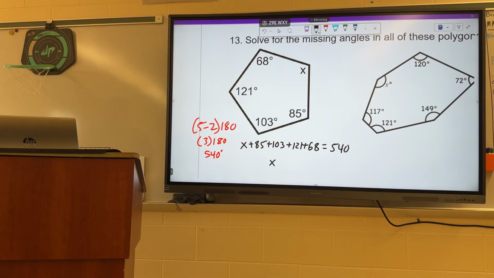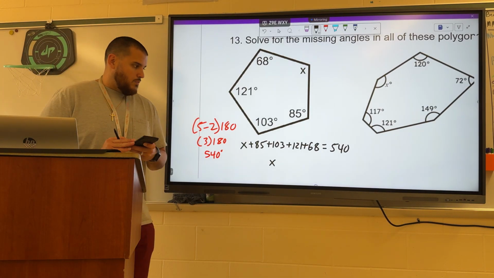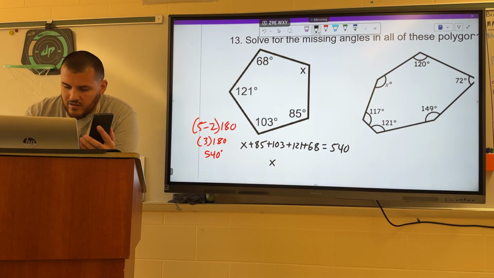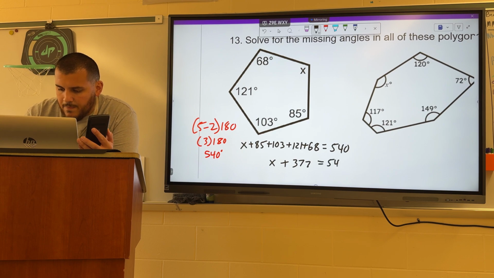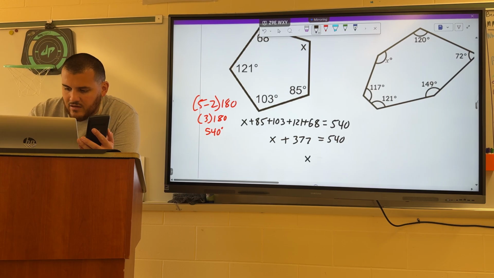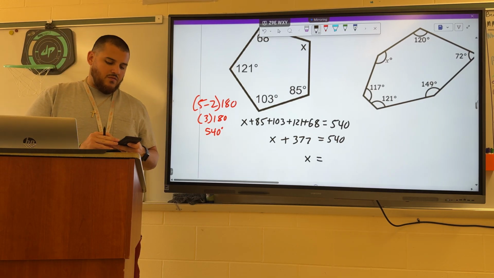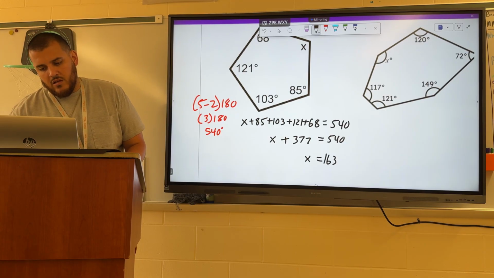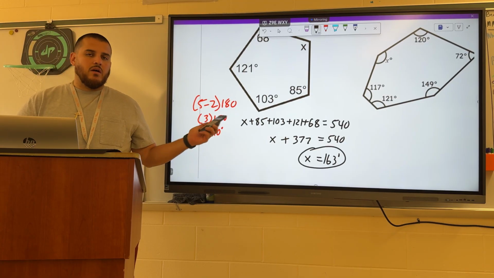If we do 85 plus 103 plus 121 plus 68, those all combine to give me 377 degrees. I can then get x by itself by subtracting that 377 from both sides. So 540 minus 377 gives me 163 degrees for x on that polygon there.